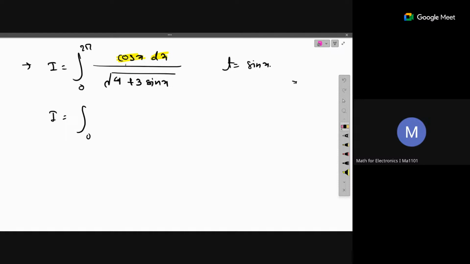So that's why we have to change it from 0 to pi by 2, and then pi by 2 up to 2 pi. I think that will be our calculation here. So try to split your limit in such a way that you won't get the same limit, and then compute the value of the integral.